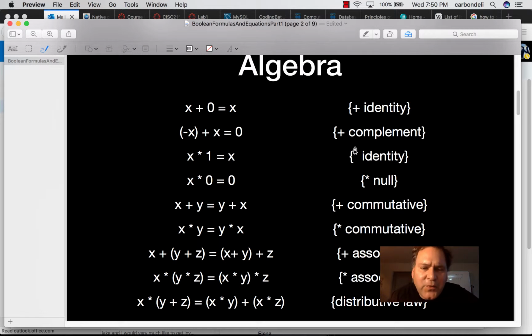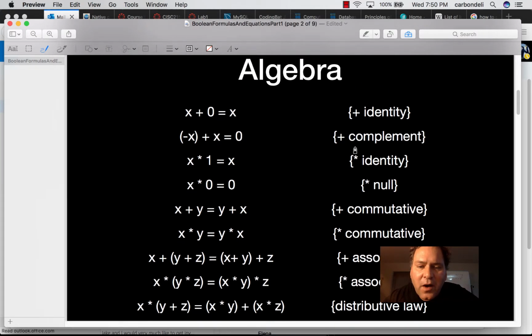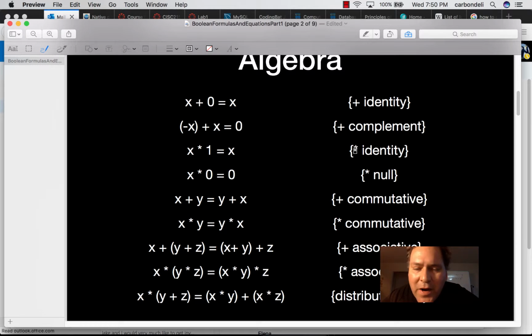And even though these axioms may seem obvious, it also is possible to write proofs to demonstrate that these axioms or these equations actually work the way they describe. And you basically pick up an understanding of these equations working in algebra.